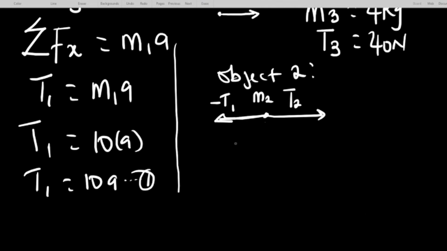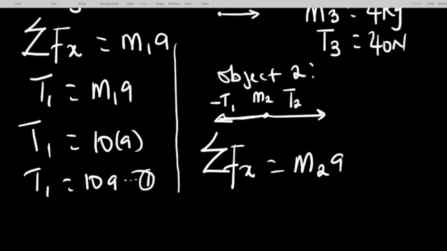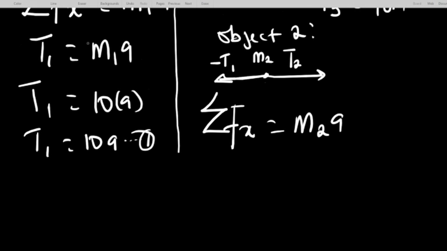So we say, okay, since there are only two forces, no upward force, no downward force, we say summation of forces in the x direction is equal to m2a. Okay, we use the same a for all of them because the acceleration would be the same. Again, we say all the forces in the x direction for object 2 are, we have T2 as a positive force, which we're looking for, minus T1, and this is equal to M2A.